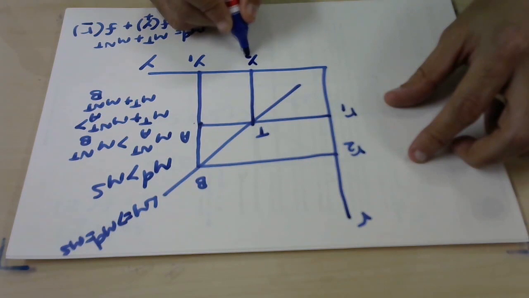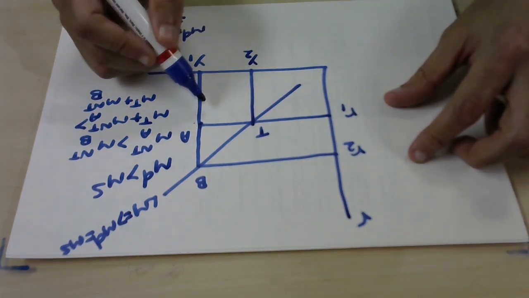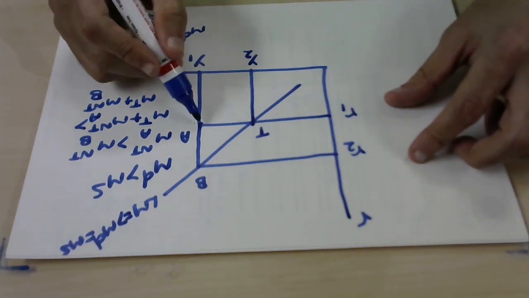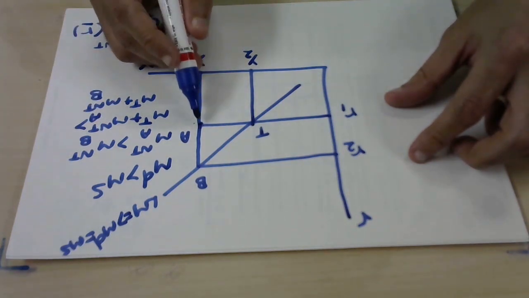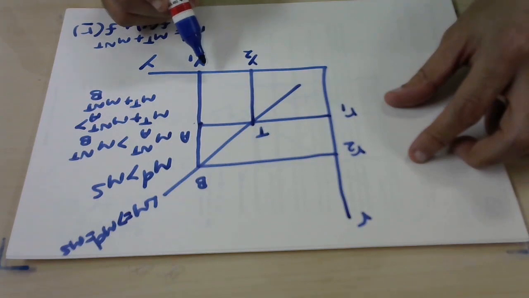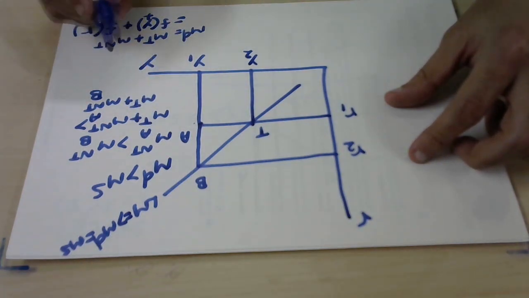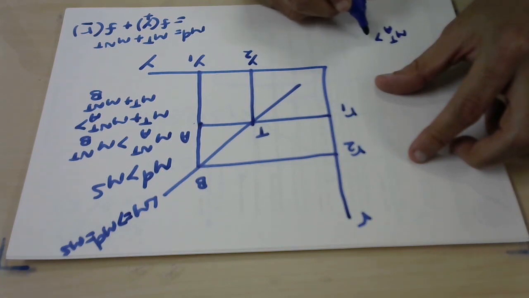T corresponds to a relatively lower level of income, and A corresponds to a higher level of GDP, so the transaction demand for money will be relatively higher. So the transaction demand for money at A is greater than the transaction demand for money at point T.